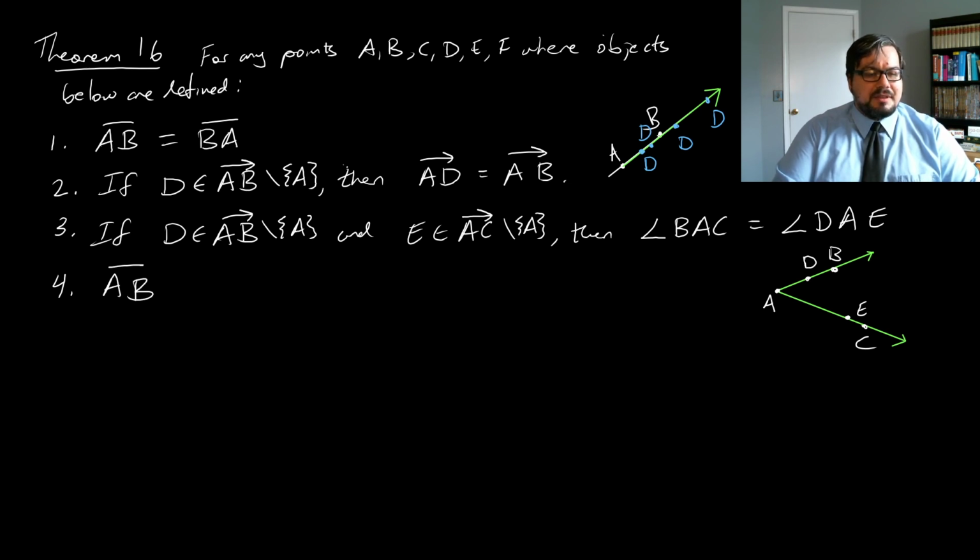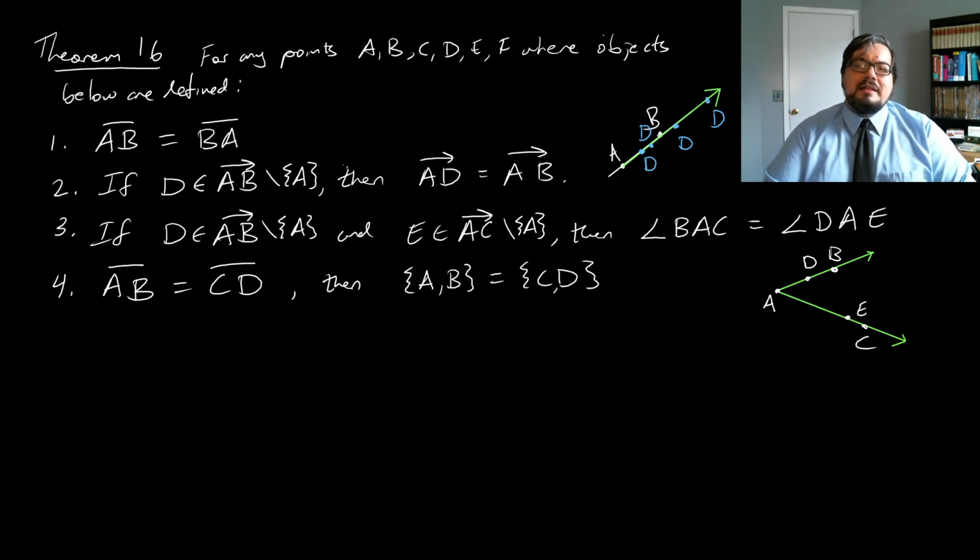So if the segment AB is equal to the segment CD, then the points AB are equal to the points CD. This is basically saying that a segment is defined by its endpoints.